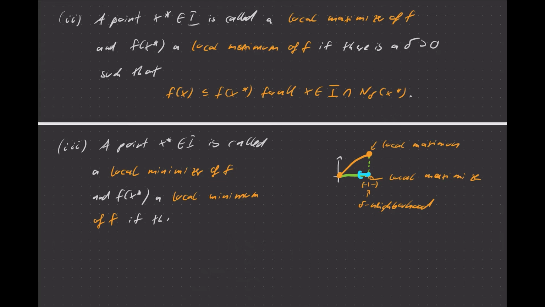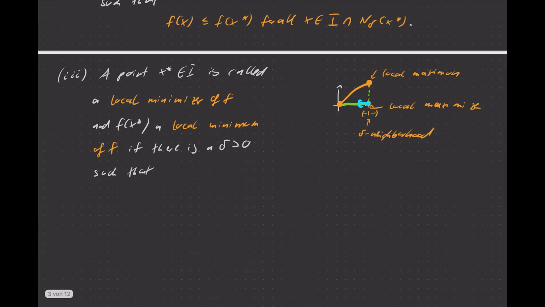Again, if there is a delta greater than 0 such that in this case we want f of x to be greater or equal to f of x star for all x that are in I and also in that neighborhood. And again, you can make that neighborhood arbitrarily small. So just make it small enough. It's sufficient if there is such a neighborhood.